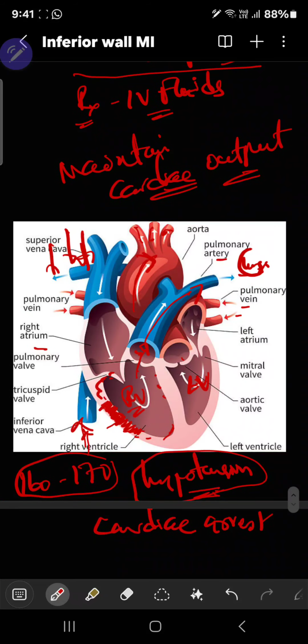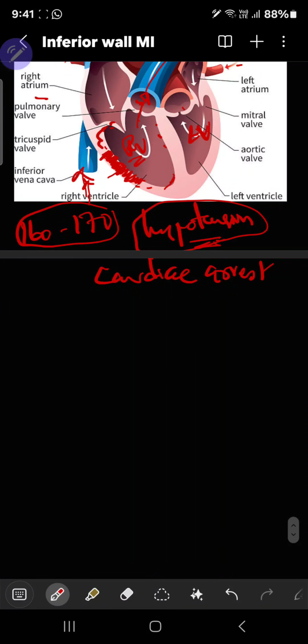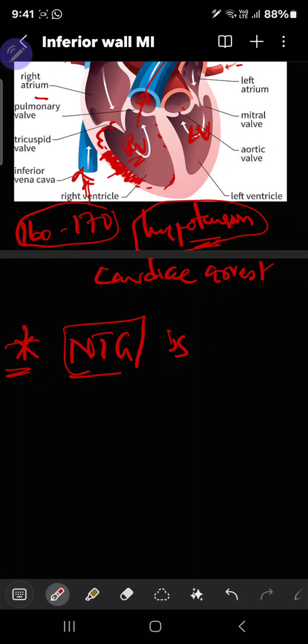So it is very important, we have to remember this, giving IV fluids. And one more important thing which we have to remember is that giving nitroglycerin in inferior wall MI is contraindicated. Though some sources say it is a relative contraindication, it's better we don't give it.